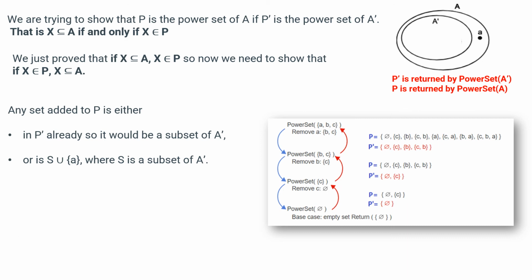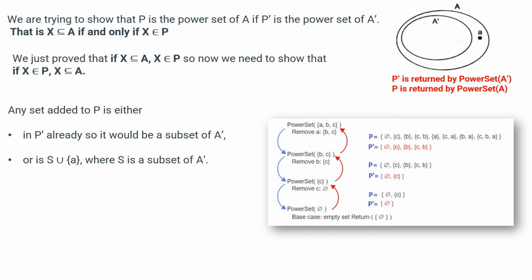Okay, so any set that's added to P, remember when we go from P prime up to P, any set that's in P is either already going to be in P prime, or it's going to be something that started out in P prime and then we added that extra element back in, right? So take any of these P primes to get to the P above it.